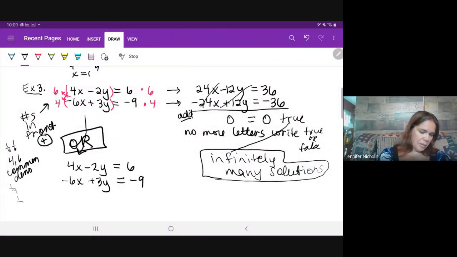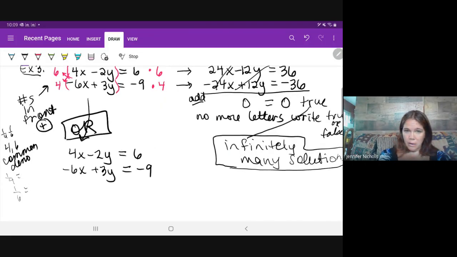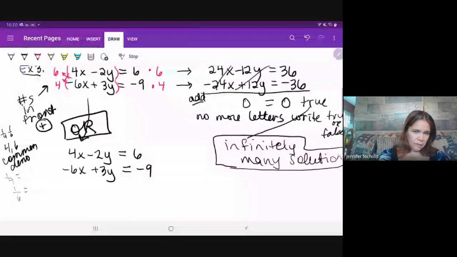So if I was doing a common denominator, what bottoms would I make them both? I kind of like this. This is like a class vote, right? What are you thinking? You feel like 12? Okay, so I can make them both 12.